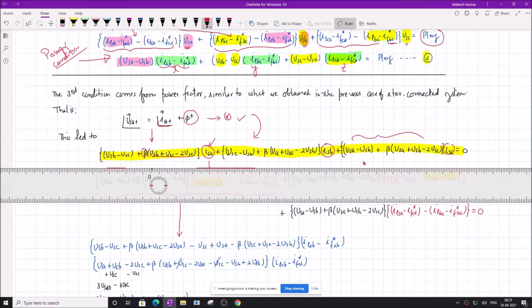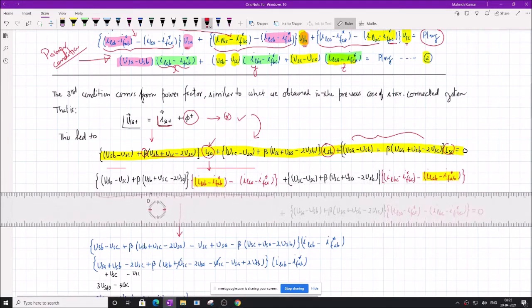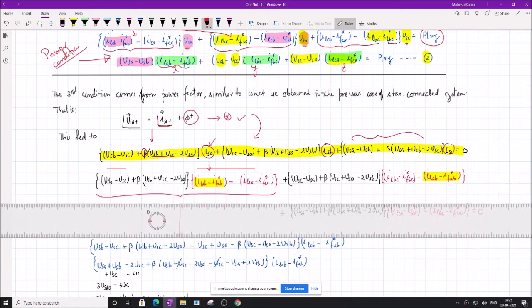But since we form in the XYZ form where X is equal to ILAB minus IFAB star, I have to replace this ISA and ISB and ISC in form of the line to line currents or phase to phase currents. You can say AB, BC and CA. So now this is ISA. Okay, this is ISA from this to this.